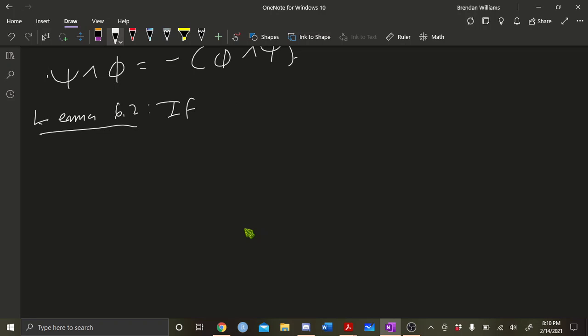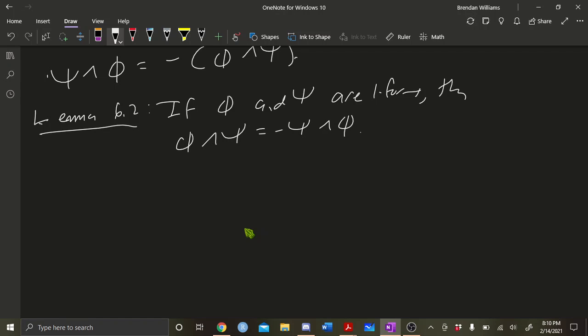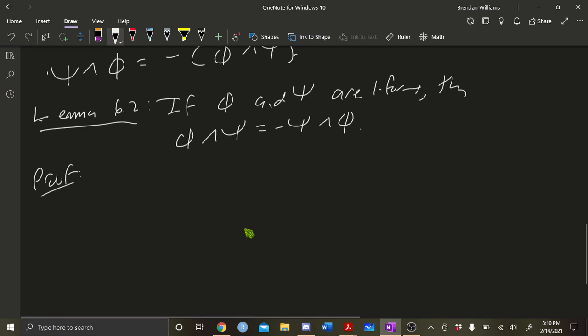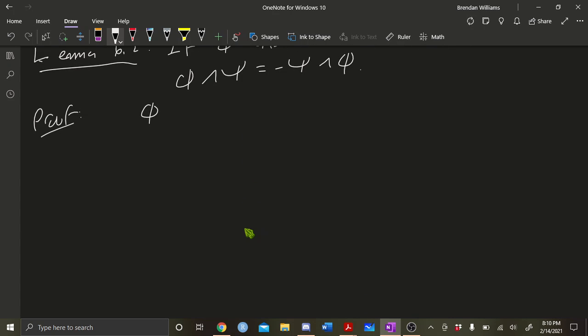If phi and psi are one forms, then phi wedge psi is equal to negative psi wedge phi. Proof. We write that phi is equal to the sum of f sub i dx sub i, and psi is equal to the sum of g sub i dx sub i.